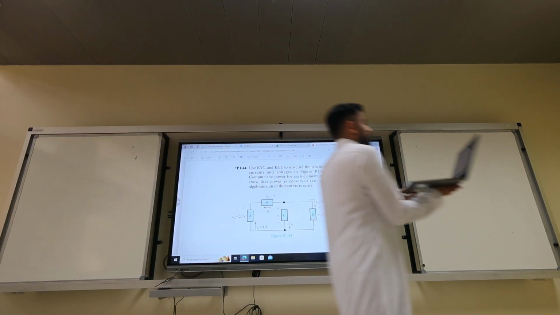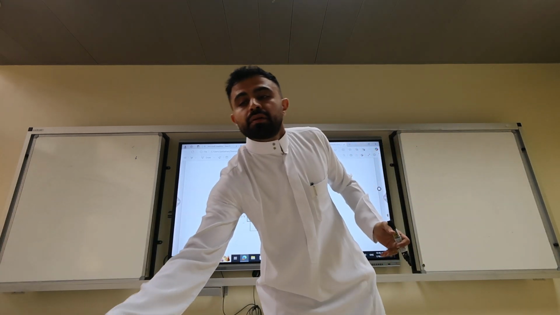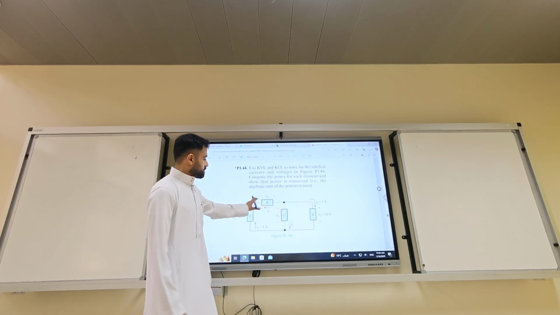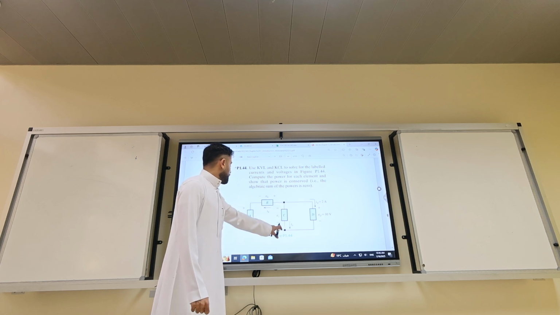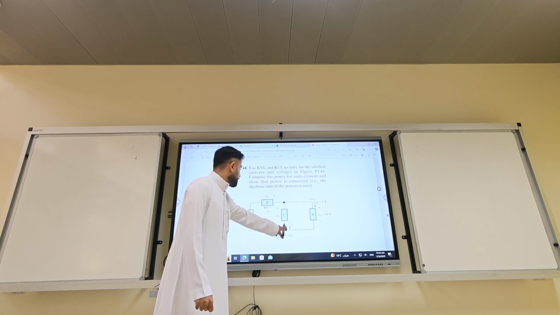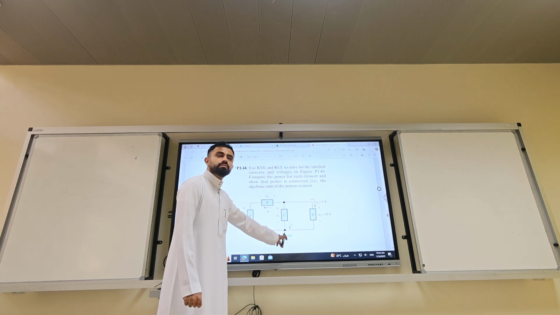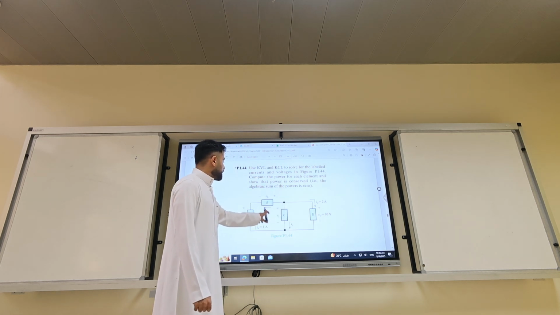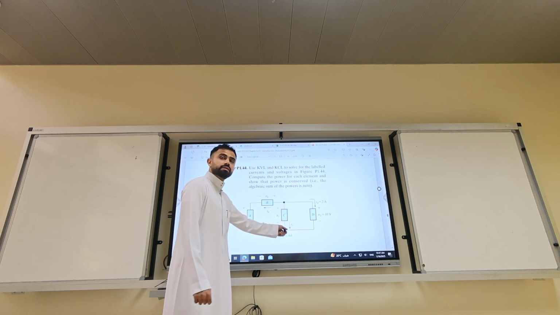So I'm solving it by applying KCL and KVL. We need to find IC. The circuit is not very clear. Let's choose this dot, or that dot, it's up to you. IC is not known, IB is not known, IA is not known. You know ID, you know IA, so use this dot.